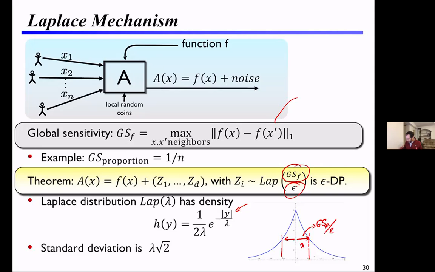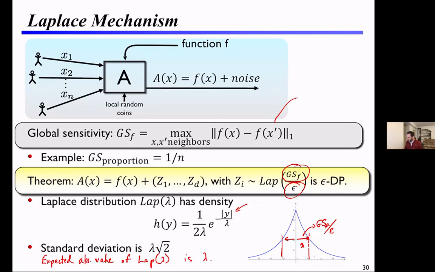And just to give you a concrete sense, the standard deviation of this distribution is lambda times square root of 2. So roughly speaking, it's very close to lambda. In fact, it's also true that the expected absolute value of a random variable with this distribution is exactly lambda.